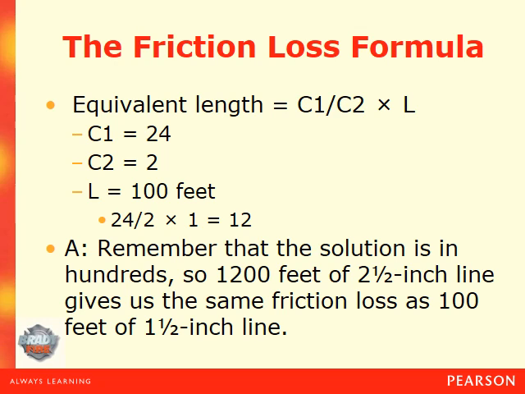Now remember that the solution is in hundreds, so 1,200 feet of 2.5-inch line will give us the same friction loss as 100 feet of 1.5-inch line. Essentially, you're replacing the 2 decimal points that we used initially to make the numbers more manageable to figure out. So that's how you get 1,200.